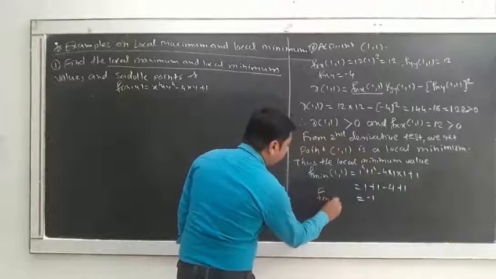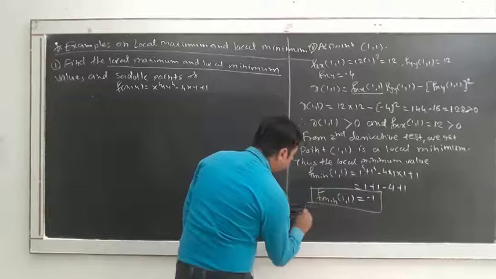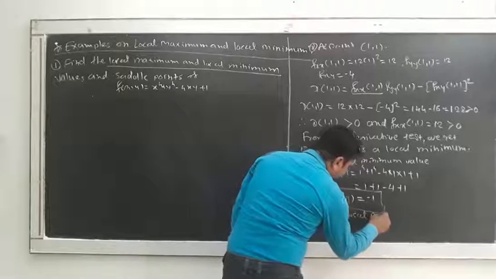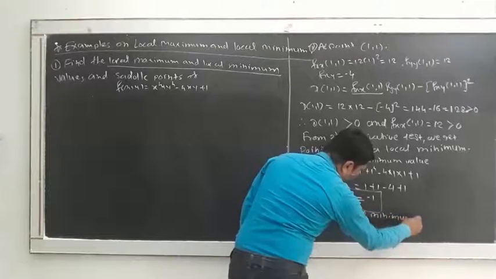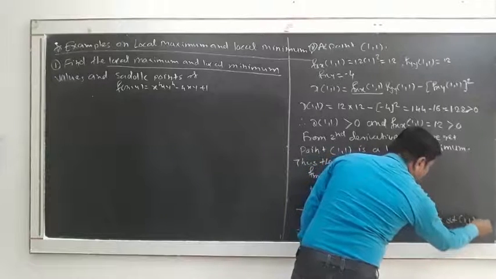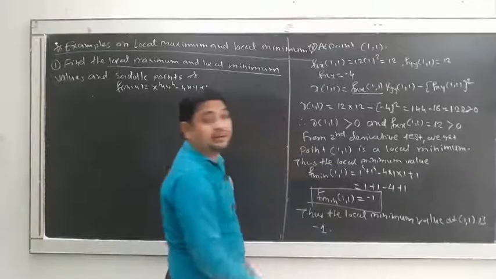So the local minimum value at (1, 1) is minus 1.